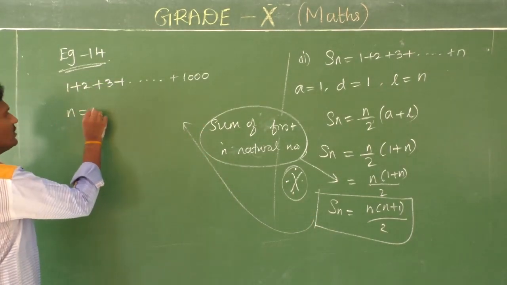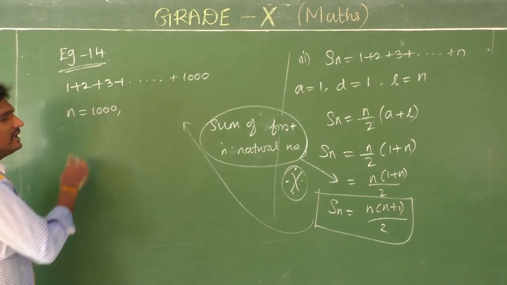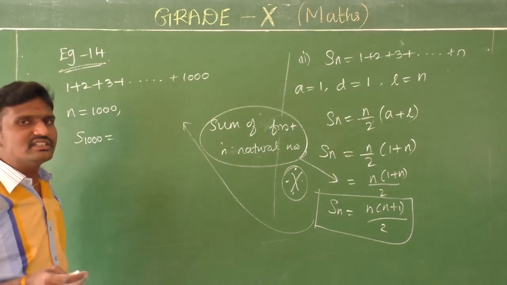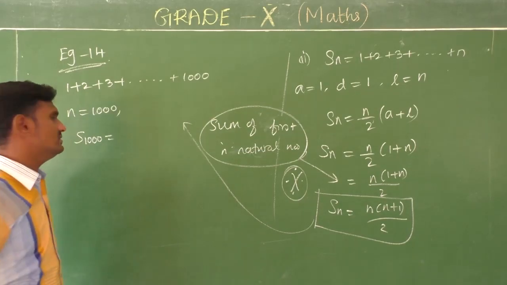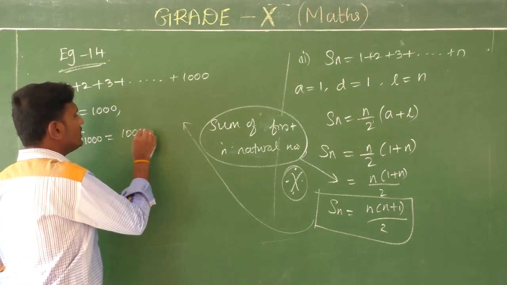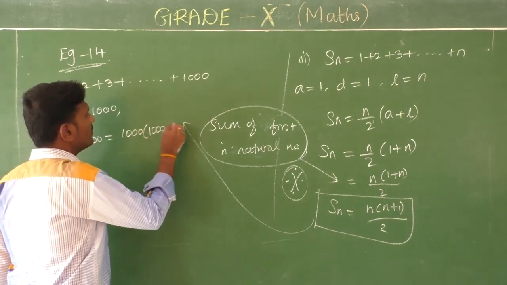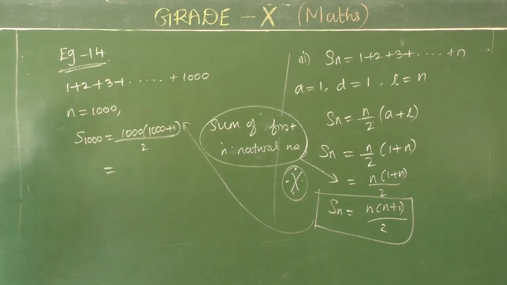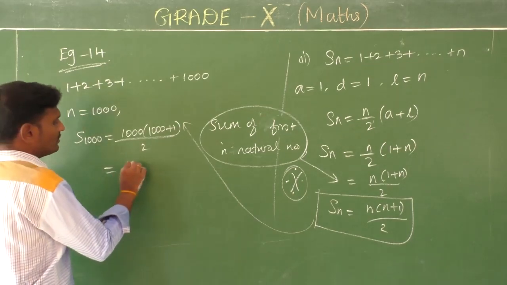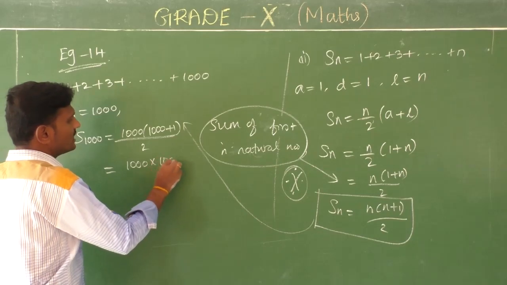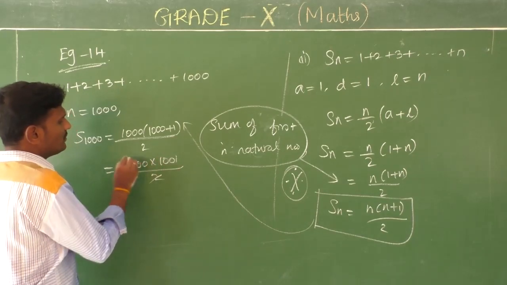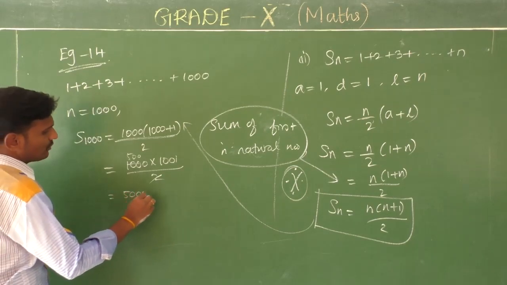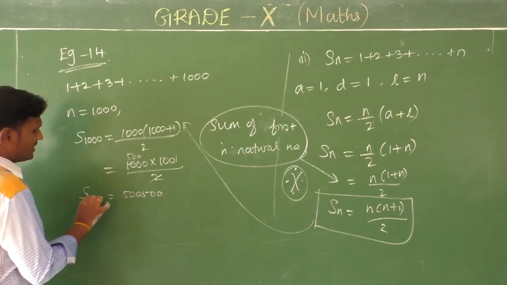So you know the value of n is equal to 1000. Now I am going to find s1000, which is the sum of first 1000 positive integers. Now 1000 into 1000 plus 1 whole divided by 2, which is equal to 1000 into 1001 by 2. Now simplification: 500. Now I am multiplying this 500 by 1001. So this is your s1000.